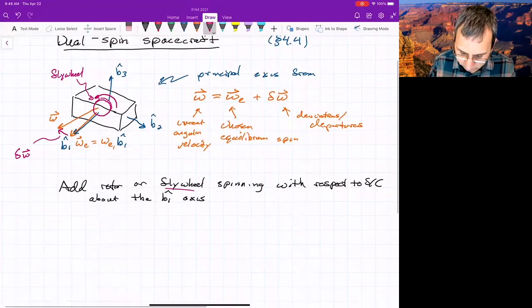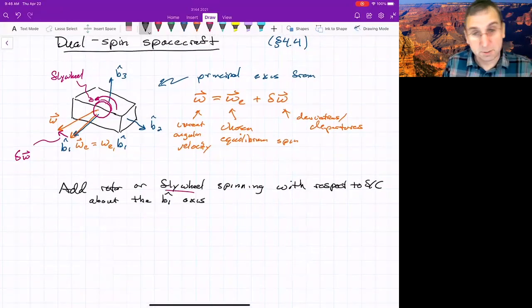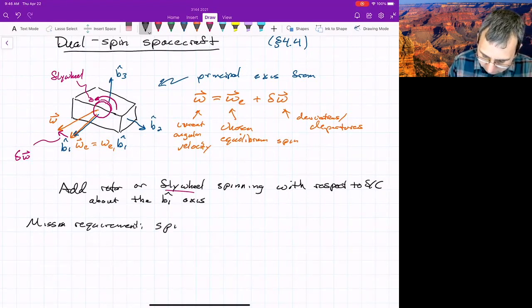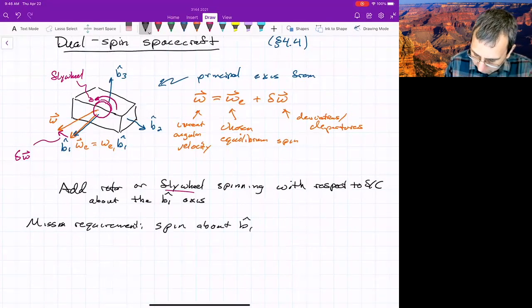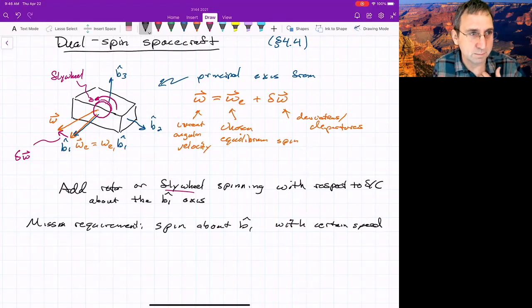And we want to know, okay, with this setup, that's the dual spin. The spacecraft is spinning because maybe there's a mission requirement. It would be something like spin about B1 with a certain speed, I don't know what that is, 120 RPM.